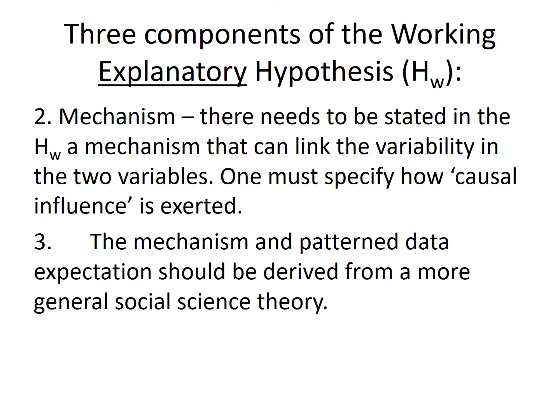But if you were doing an explanatory working hypothesis about sexual assault, this would have sexual assault linking to another concept, and you would want to discuss how the one independent variable causes the dependent variable in this example, and they would all be concepts.